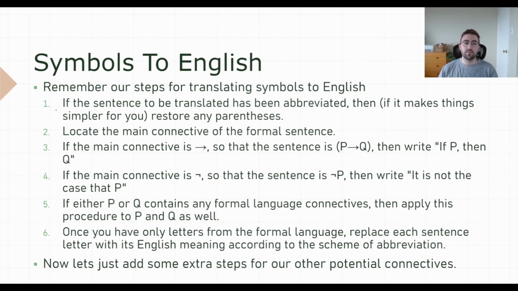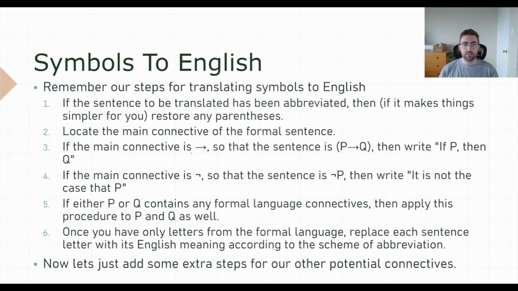And then at first you check if it's been abbreviated, so if there's been any parentheses removed, any brackets removed. And then if it makes things easier for you, you would restore the parentheses back so that you can see the chunks of the expression if you need to. And then after that, you locate the main connective of the formal sentence.